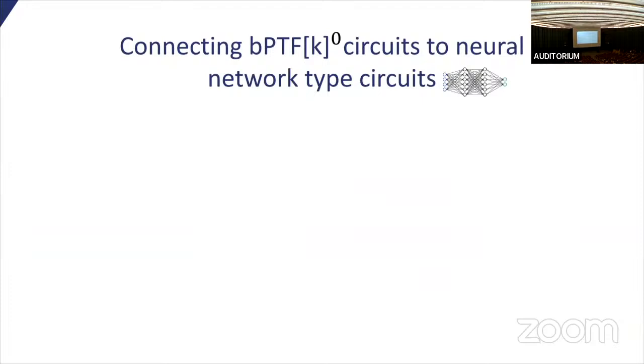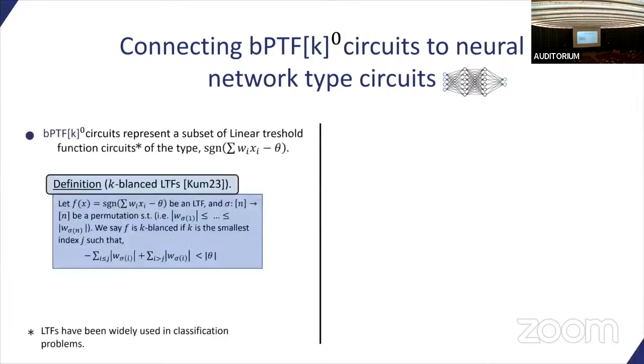And now, because this is a new circuit class, it would be nice to also understand how it relates more generally and what it can do. In the first paper which introduced the circuit class, it was connected to linear threshold function circuits, which have been used in computer science to solve a lot of classification problems. The relation is that with our parameter k, we can relate to which subset of these circuits we can compute, and it has a restriction on the weights.